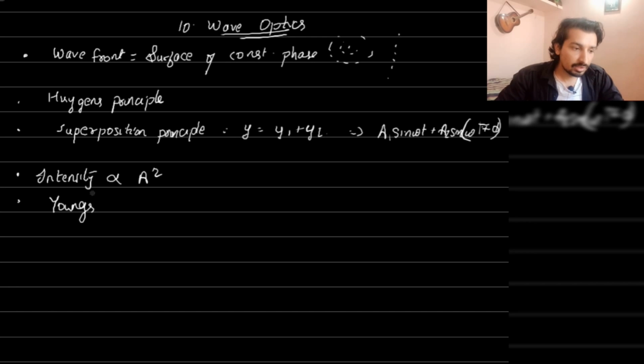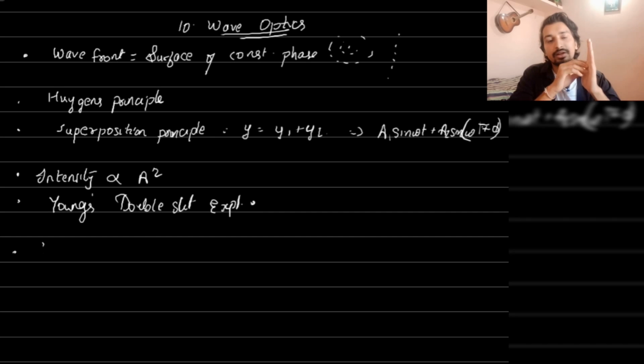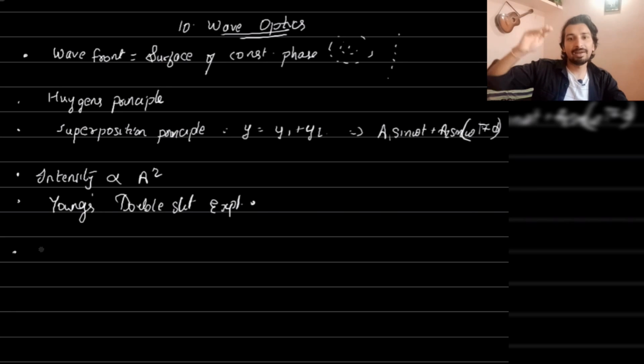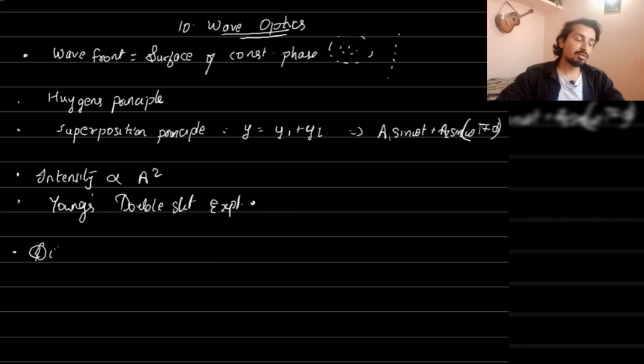And Young's double slit experiment. Young was the scientist who conducted the double slit experiment. He made two small slits on a paper, and passed monochromatic light through those slits. Different bands were produced: bright band, dark band, bright band, dark band. That was the experiment he conducted. And then you have the diffraction experiment also.